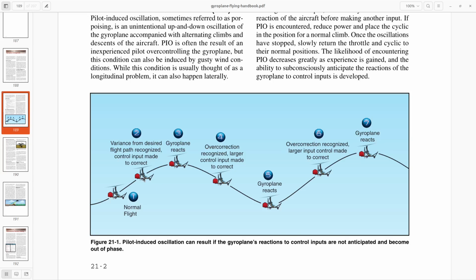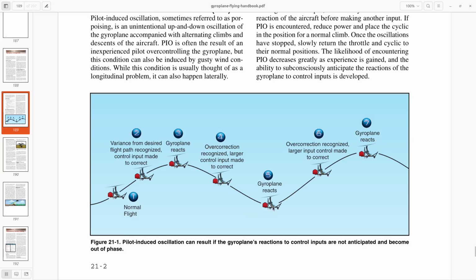So what happens is that you put in some forward stick and there's a delay, and then the gyro responds sort of at the top of your little path here, and now you have too much forward stick and you're coming down at a pretty good clip, and then you decide to pull up.